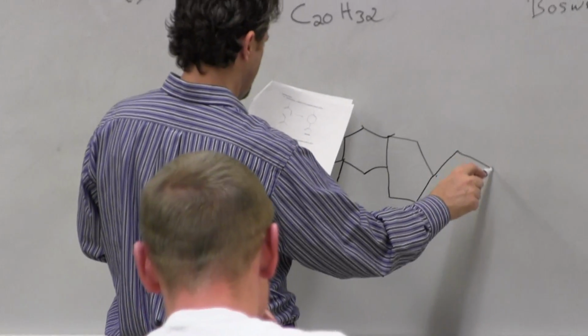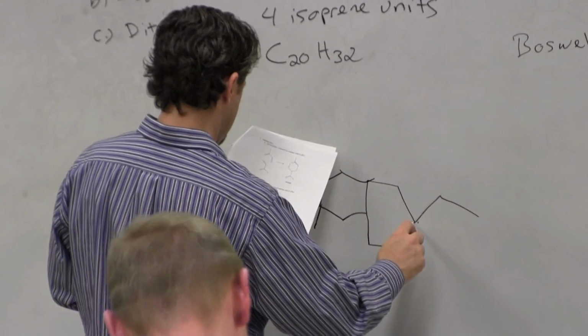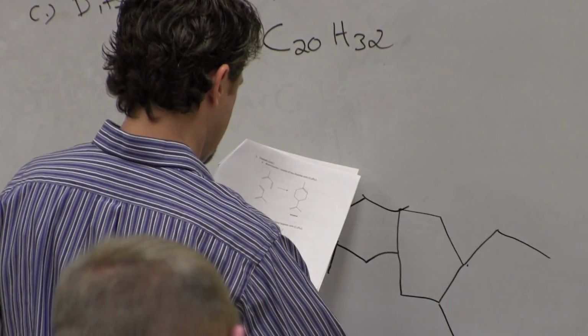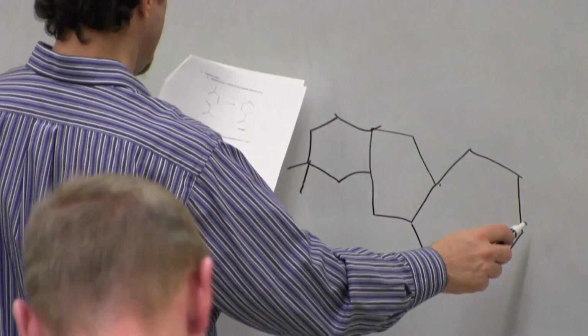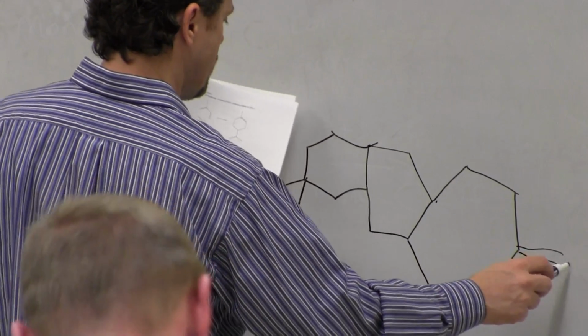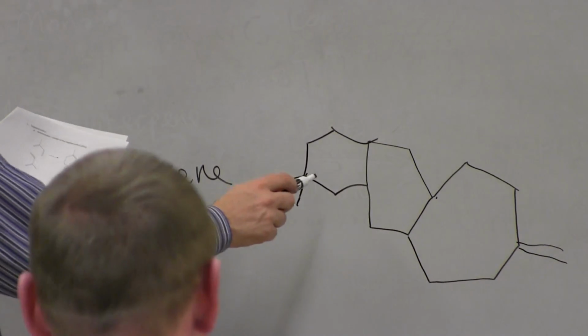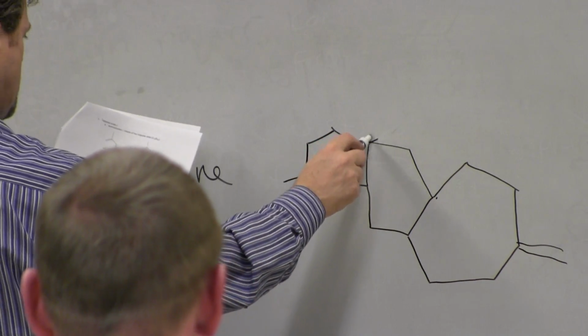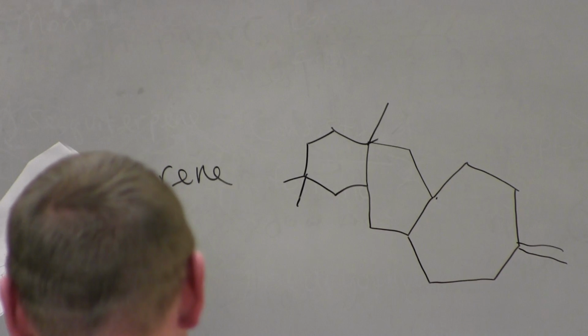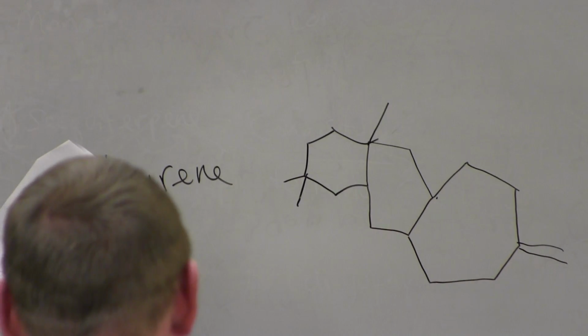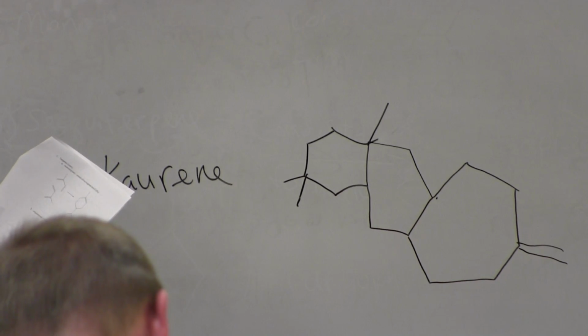My hexagons aren't perfect. And this last one is actually a 7-membered ring, not a 6-membered ring on this side. I didn't make a mistake. Okay. There's that. Now, if you count out the number of carbons and hydrogens, you should get C20H32.